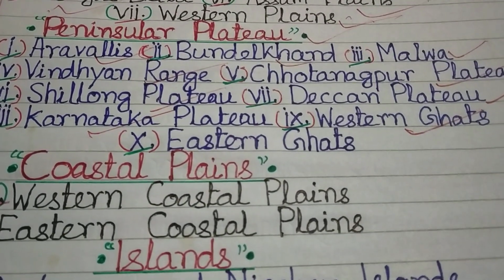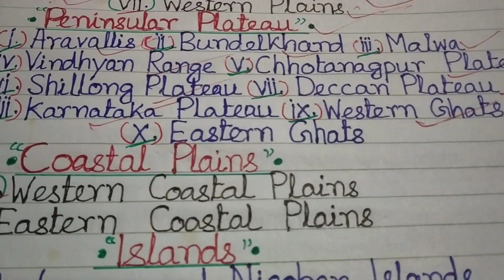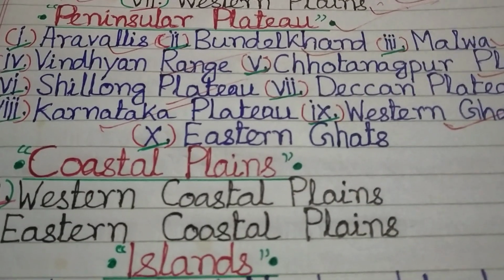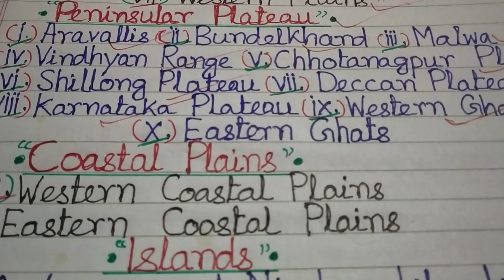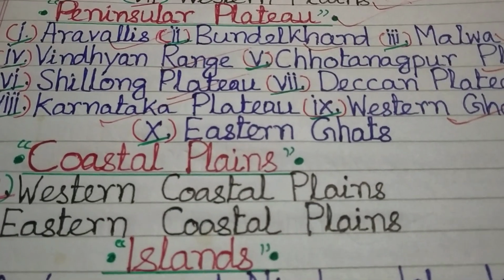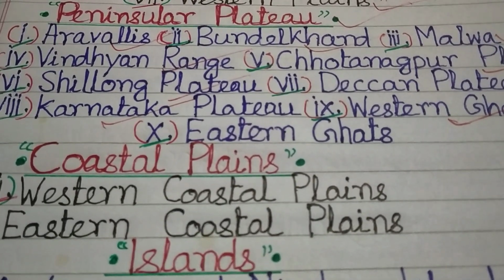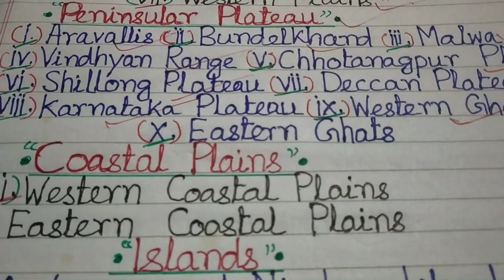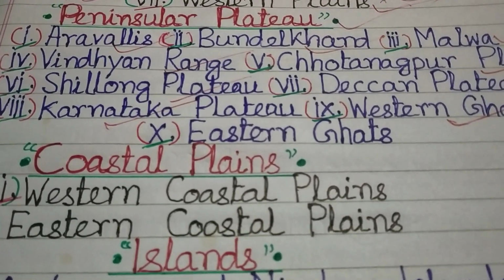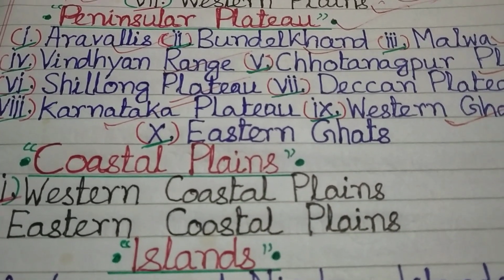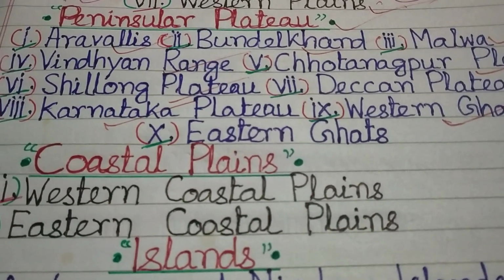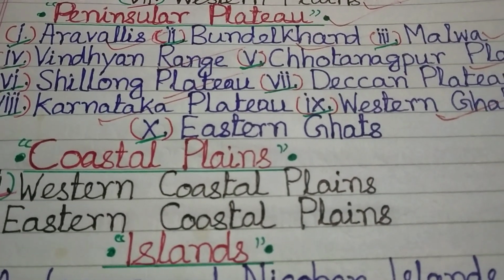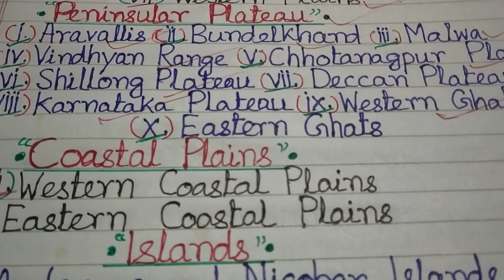So, this dominates the Deccan and Karnataka Plateau topography and is also known as the Sahyadris. The Western Ghats stretch uninterruptedly to the southern tip of the peninsula and have a general altitude of 900 to 1100 meters, but occasionally rise to 1600 meters or more.